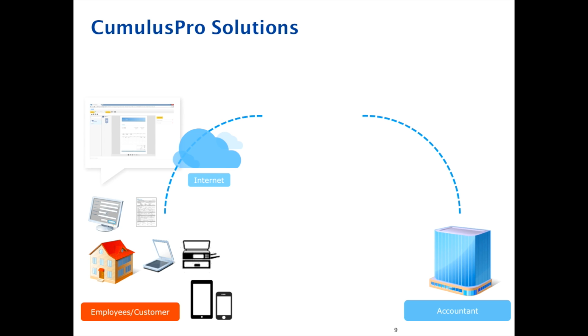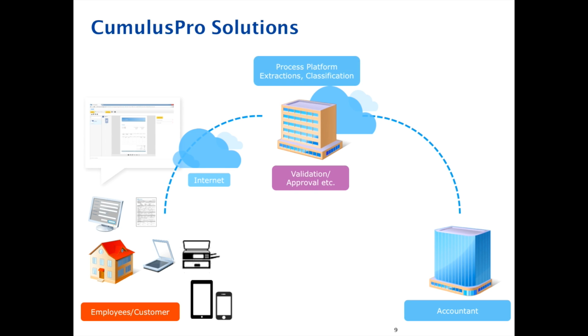And then in the case of invoices, what happens in the cloud is, the document goes to our processing platform, extraction and classification is done, all other modules work in the cloud as well, as I've just shown you, the validation, the approval, etc. And so as a result, you receive the data and the images.